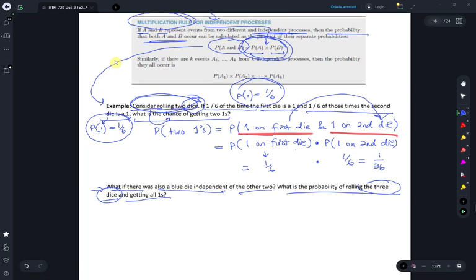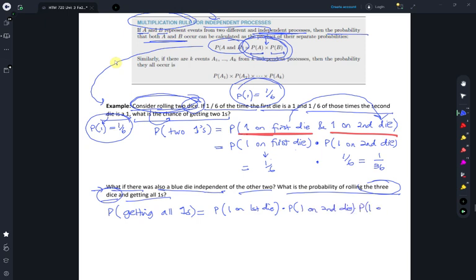So the probability of getting all ones would be the probability of 1 on the first die, multiplied by the probability of 1 on the second die, and lastly the probability of 1 on the blue die too, which will be 1/6. 1/6, 1/6, 1/6, all multiplied together to get a result of 1 out of 216.